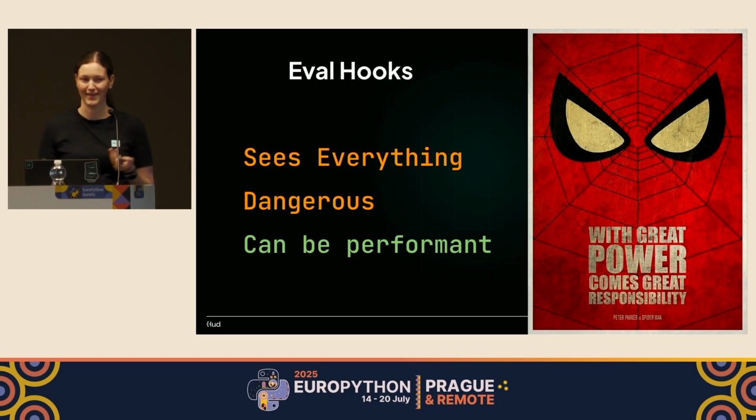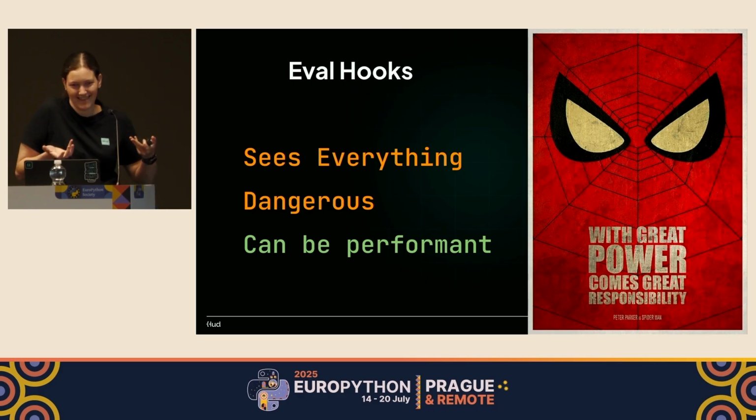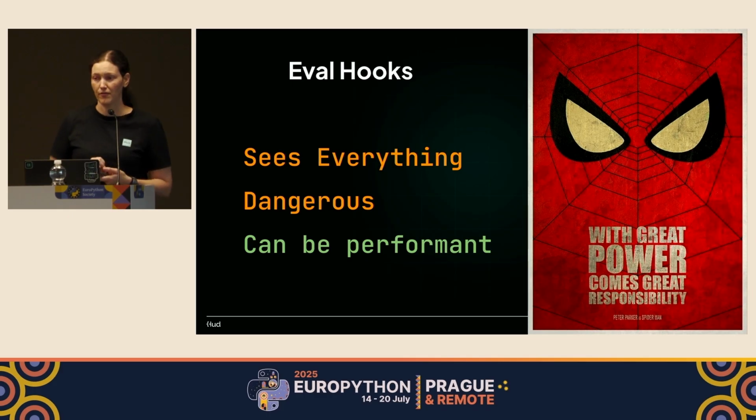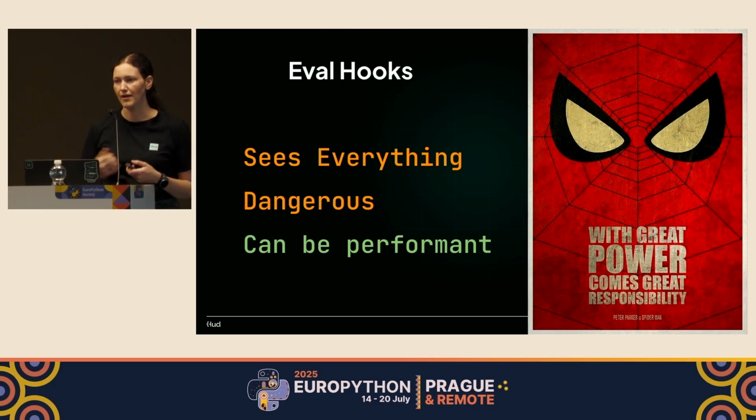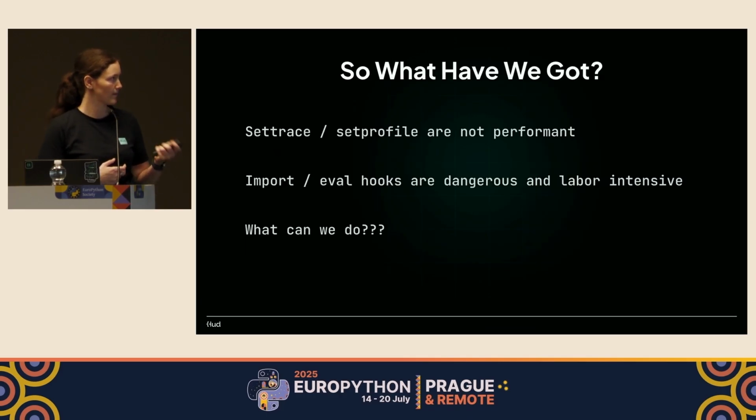We can crash the application. Of course, we wouldn't want that, but it just might happen because we have great power. And they can be very, very performant because we're talking about pure CPython operations that allow us to look into everything, machine state, threads, and so on and so forth.